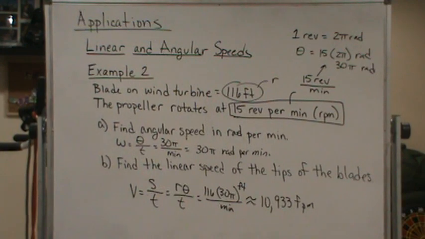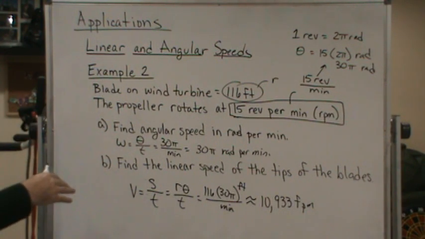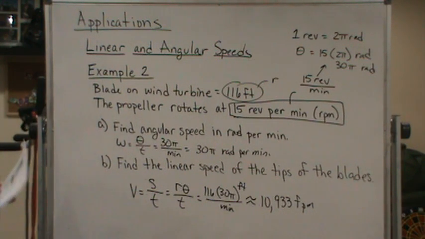But there's another way we could have done it, because remember the formula that relates linear velocity to angular velocity. We could use that formula too, and that would work just as well.